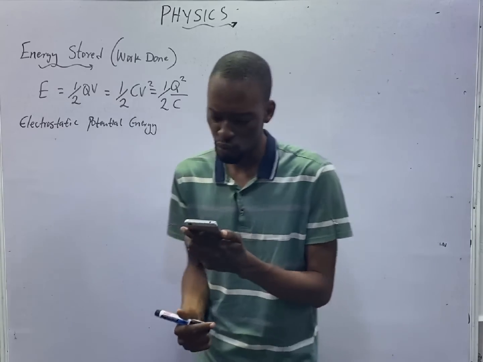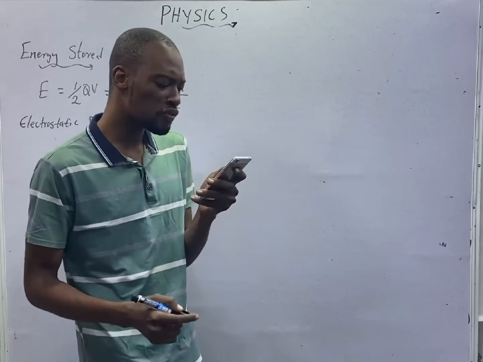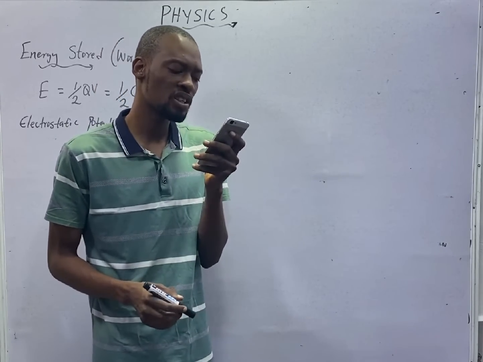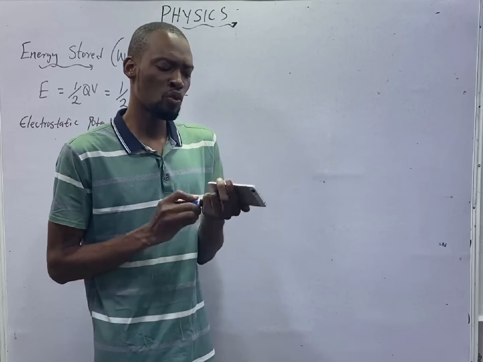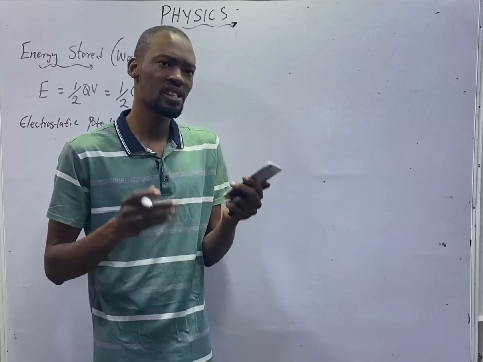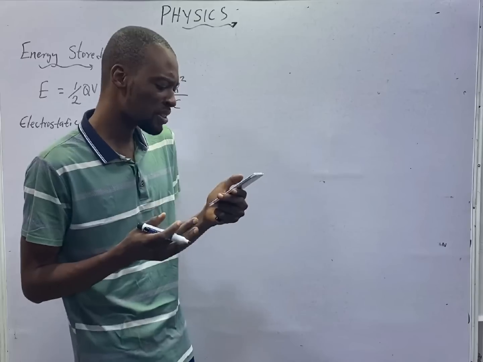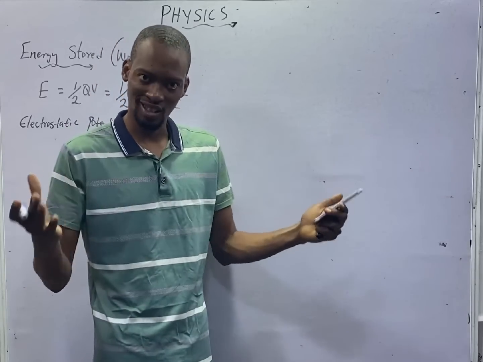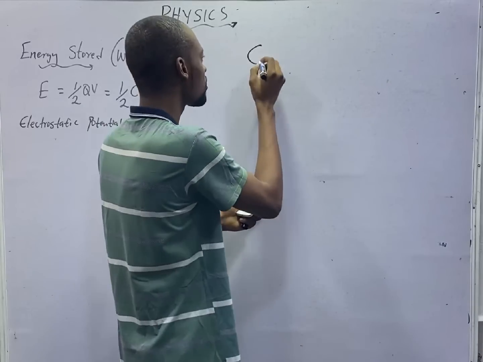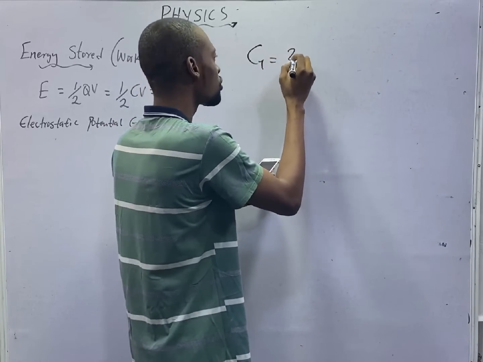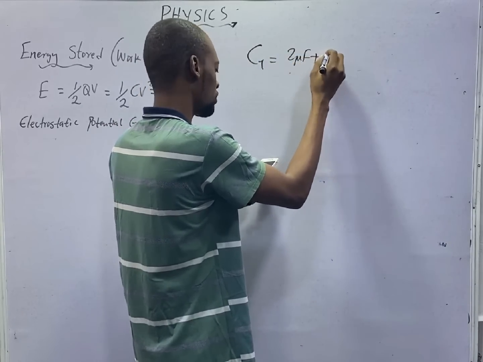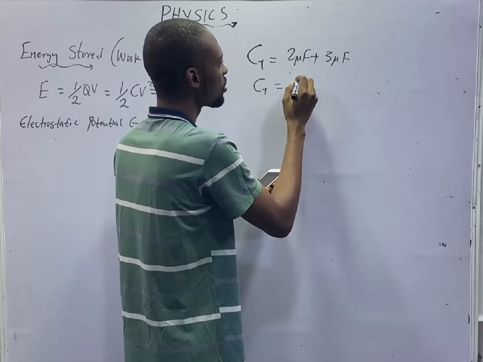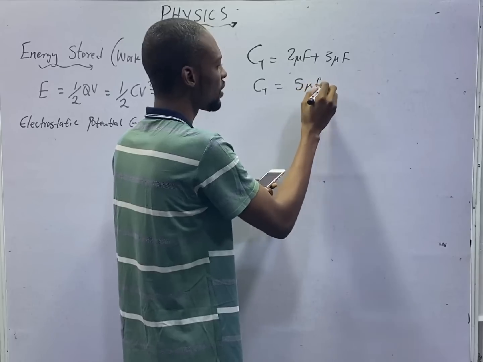Now take a look at this question. We are asked to look for the energy stored in the capacitor. We have two capacitors connected in parallel. For capacitors in parallel, the total capacitance will simply be their sum. So CT is 2 microfarad plus 3 microfarad, and that will give you 5 microfarad.